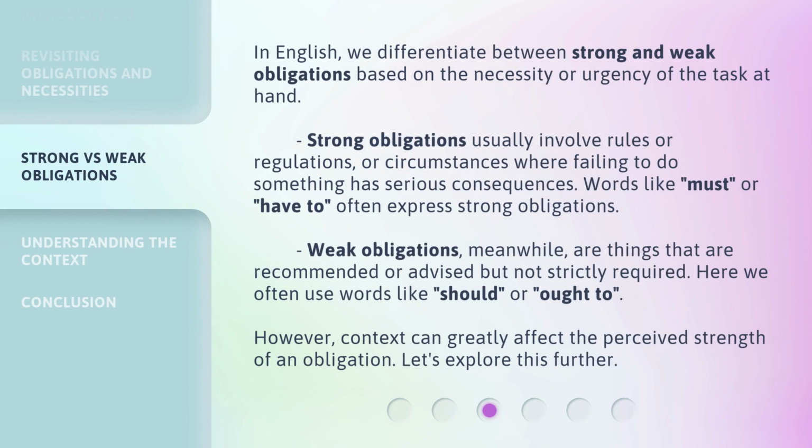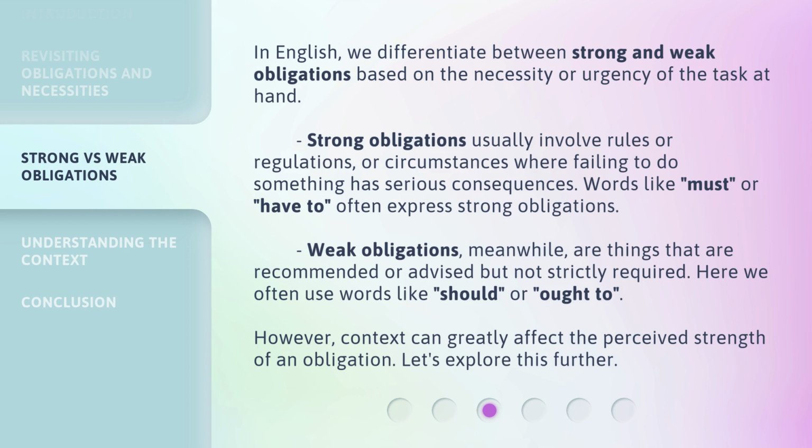In English, we differentiate between strong and weak obligations based on the necessity or urgency of the task at hand. Strong obligations usually involve rules or regulations, or circumstances where failing to do something has serious consequences. Words like must or have to often express strong obligations.